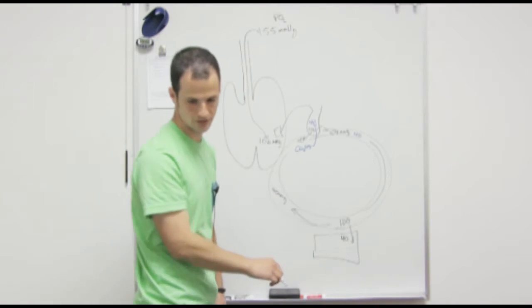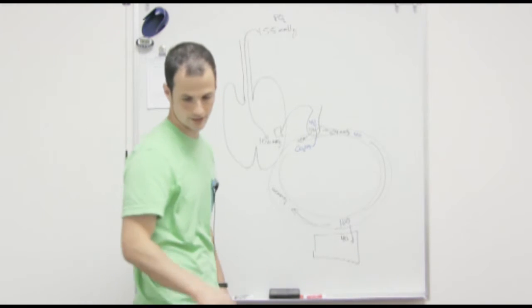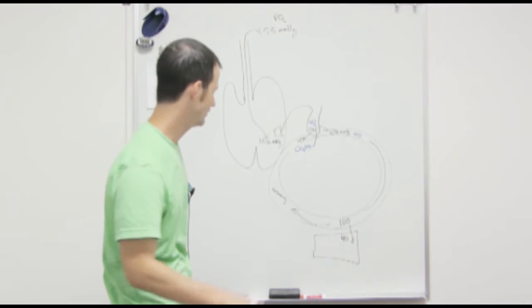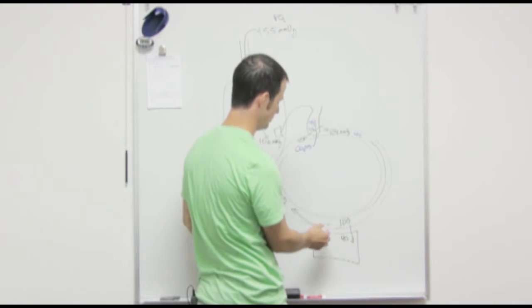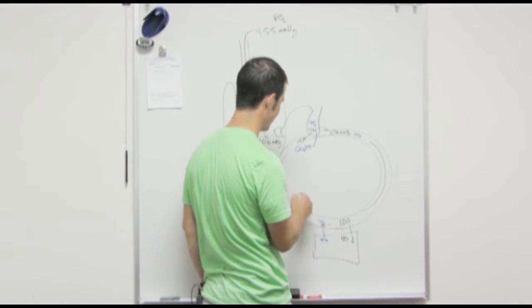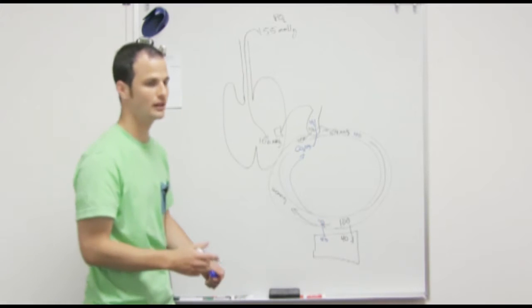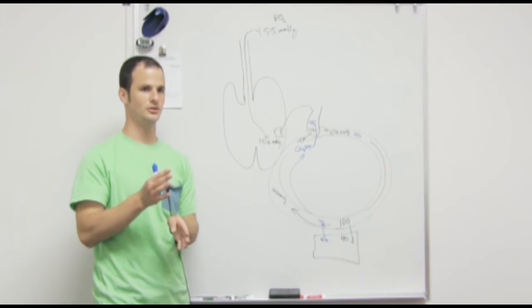And then at the tissues, we've got about 45 because we're making CO2, and 40 in the blood. So it's going to want to go this way, and it goes back up to 45, right? So there's a lot lower variability of CO2 exchange.